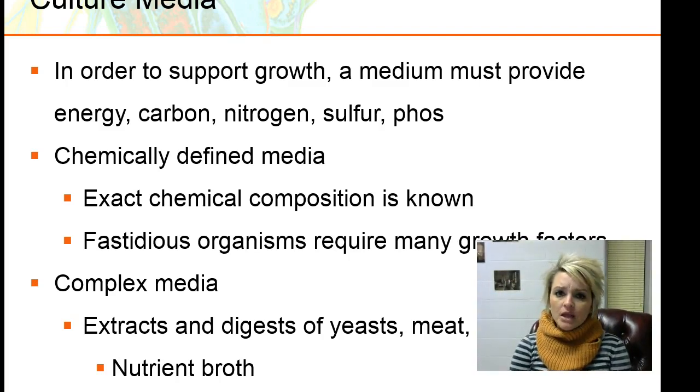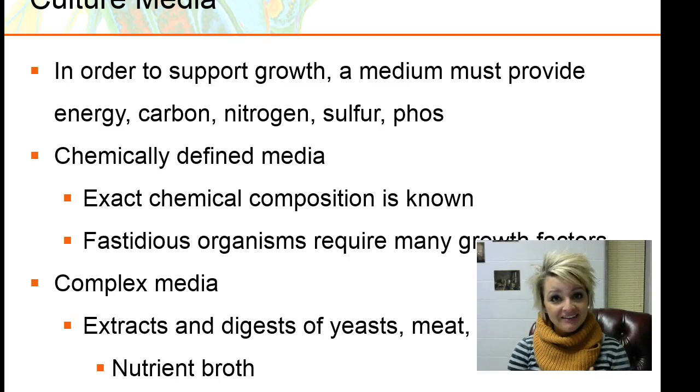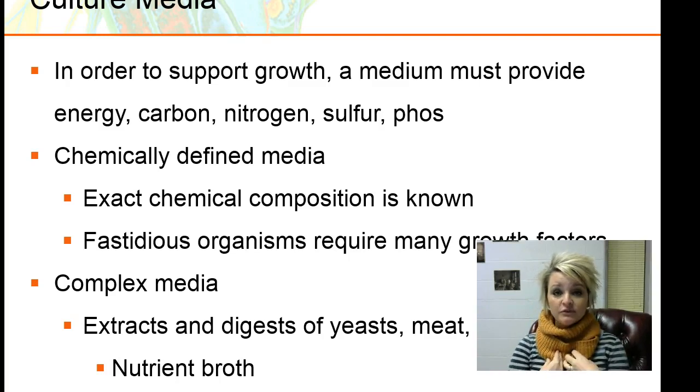But the thing about Haemophilus is if I just put it on regular agar, it does not grow. I have to give it two things. Number one is factor V, and number two is factor X. Those two things are required for that particular microbe to grow. So if I want to grow Haemophilus influenzae, I have to make sure I put those two factors inside of the agar. That's a chemically defined media.